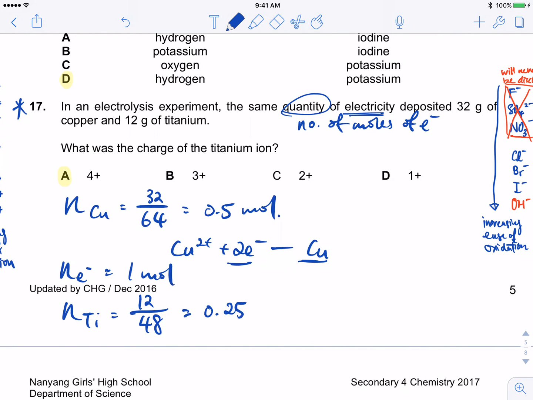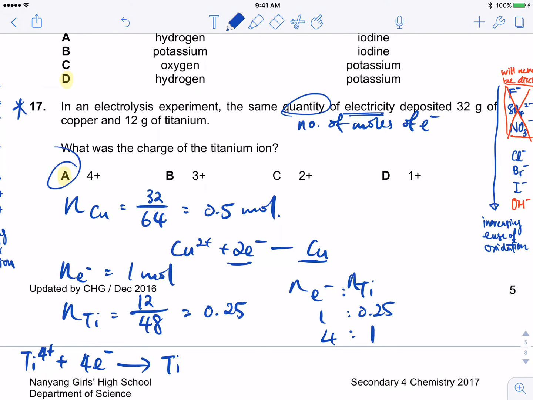So the ratio of the electron to titanium, look at the number of moles, is 1:0.25, so it is 4:1. Therefore, I know that for titanium to be formed, I need 4 electrons to be added. So it means that titanium had a charge of 4+. A.